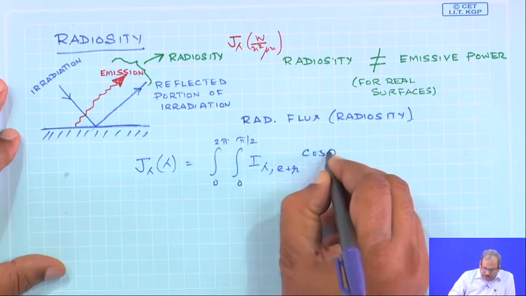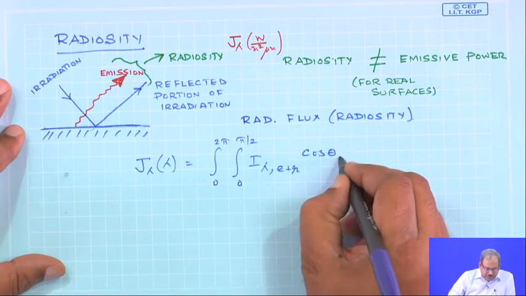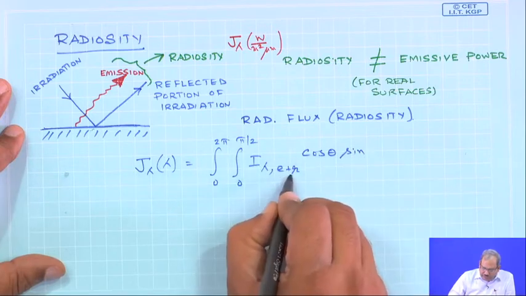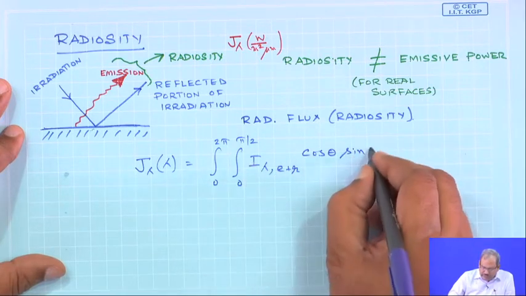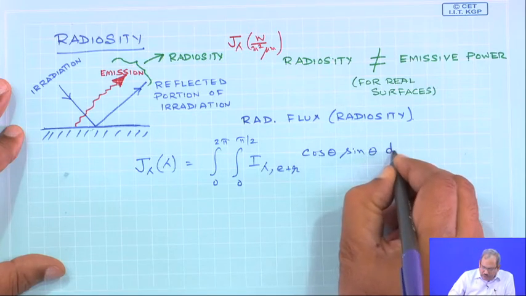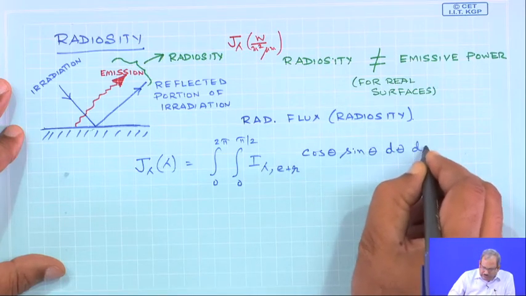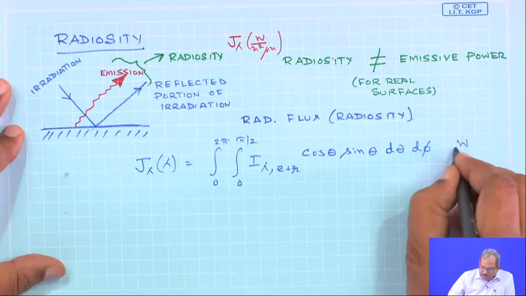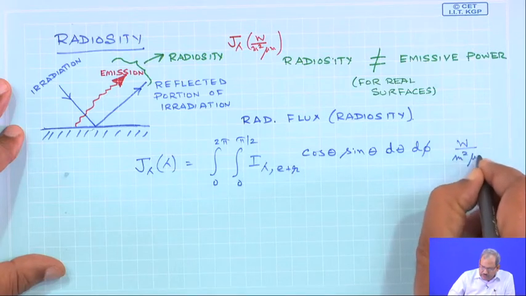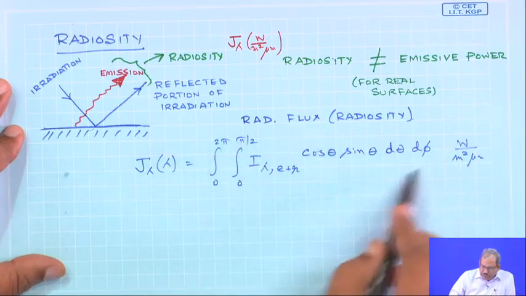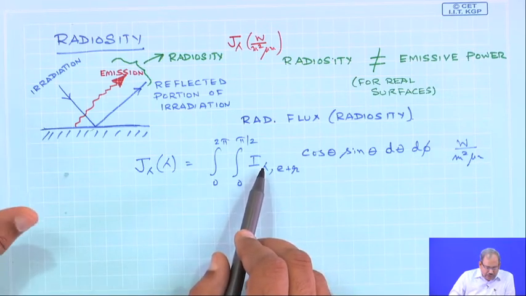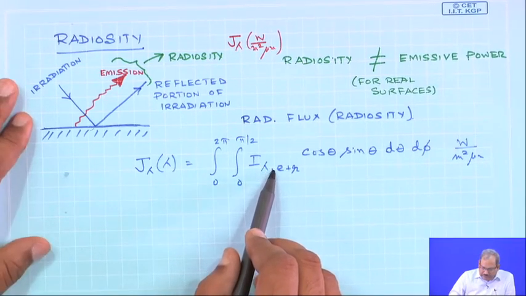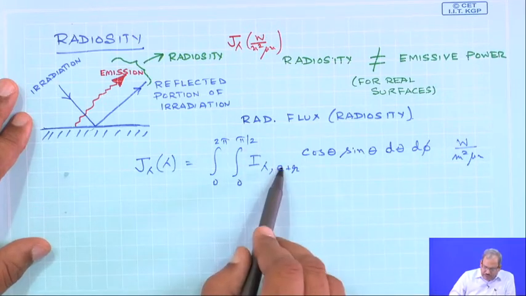So this is directional and spectral intensity. Somehow I need to take the direction out of this.